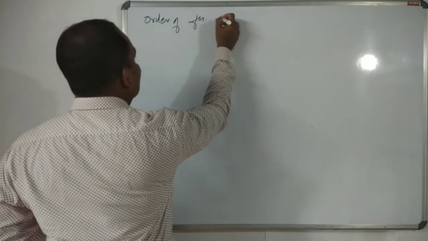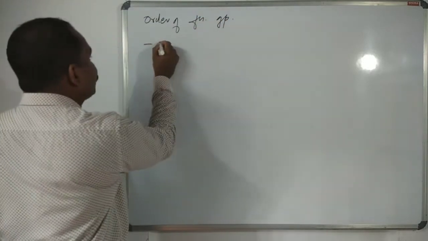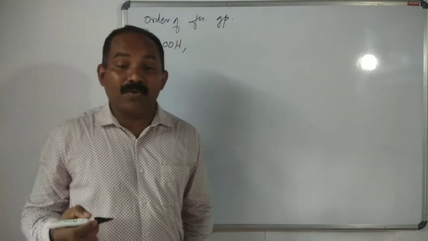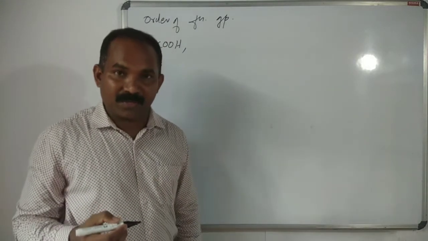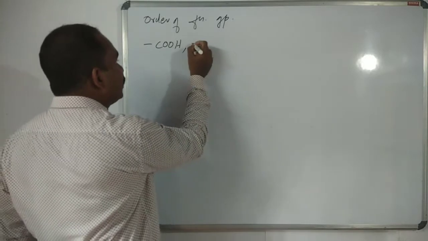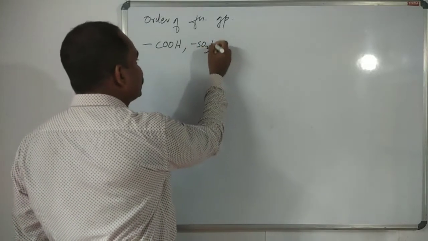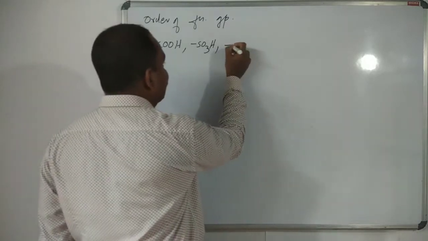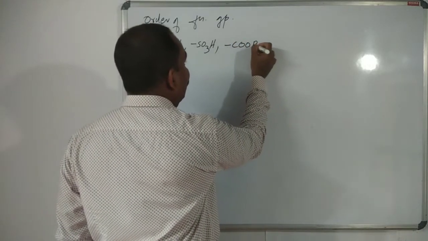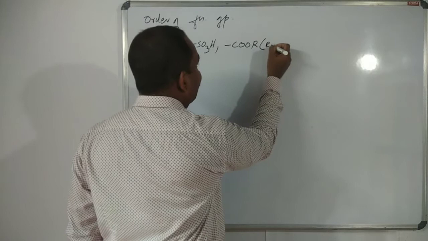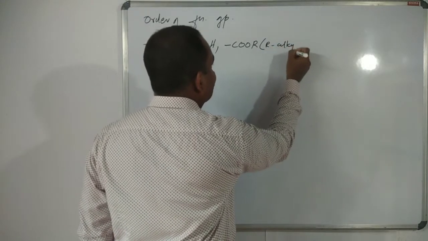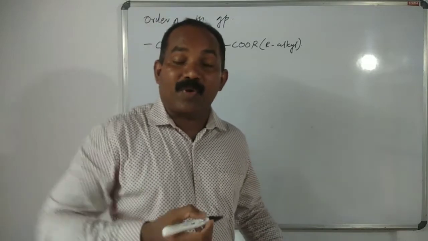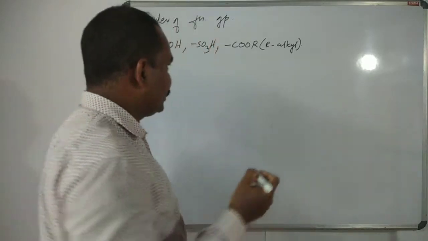If COOH is present in the molecule, you give priority to the COOH group, the carboxylic acid. Then SO3H, sulfonic acid. Then ester, COOR, where R is an alkyl group: methyl, ethyl, propyl, isopropyl, like that.